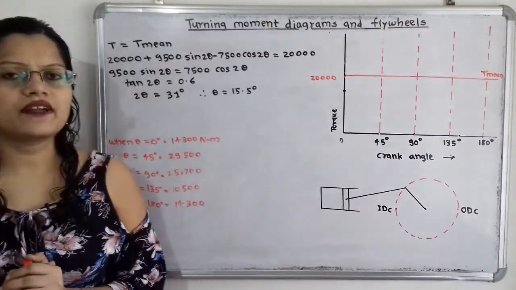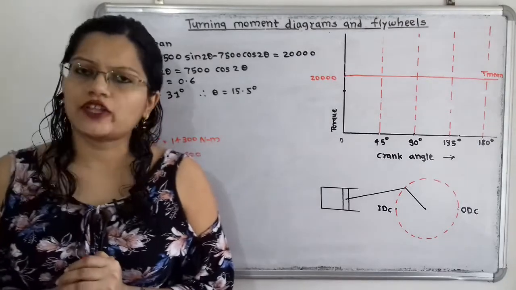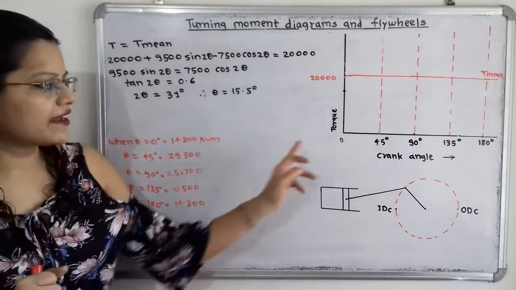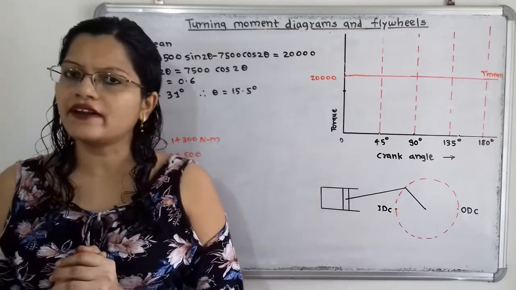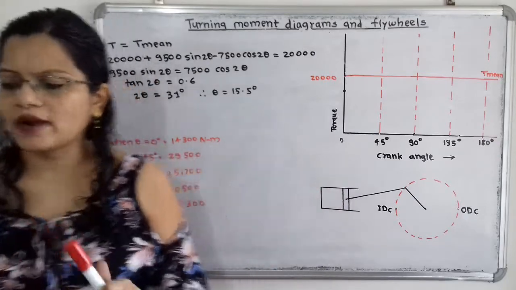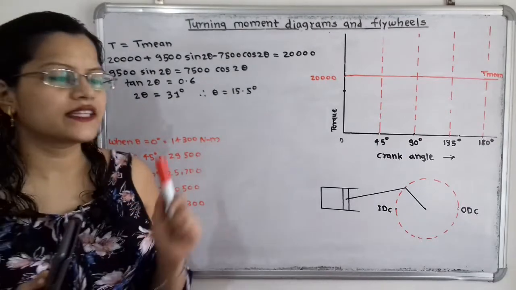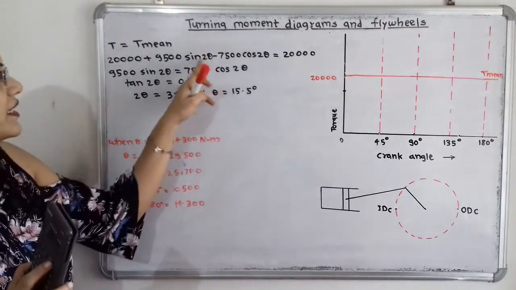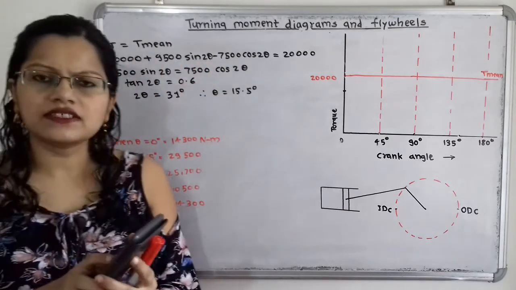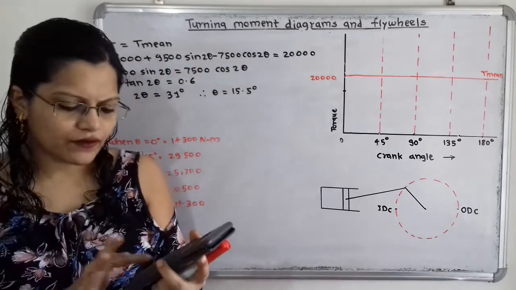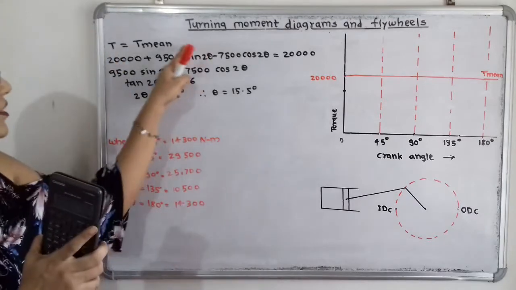Now we will find the value of torque at different angles, that is at 0 degree, 45 degree, 90 degree, 135 degree and 180 degree. With the help of a calculator, if we take theta equal to 0, then in this equation of torque, sine of 2 theta, that is sine of 0, is equal to 0. So this whole term will become 0.